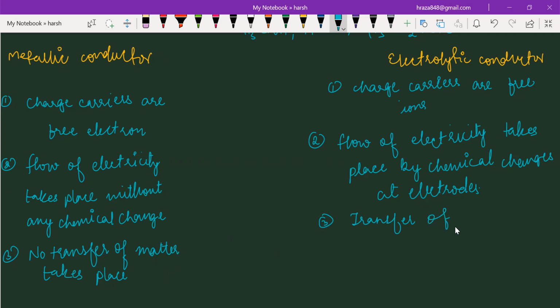Because if you have this iron rod and pass electric current, will it become thinner or thicker? This will be as it is.